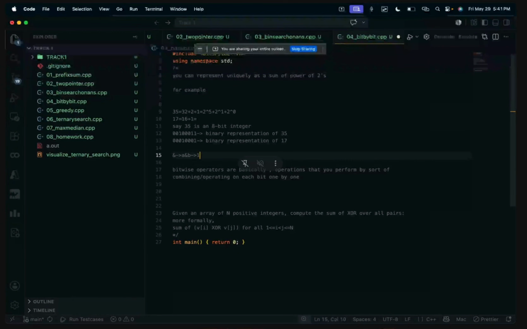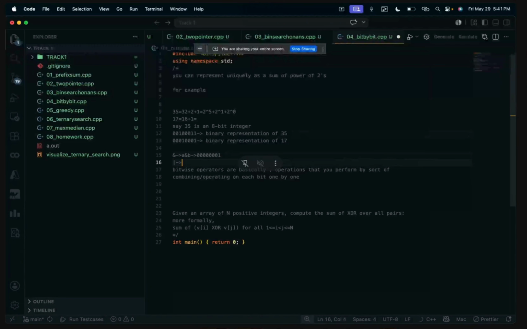Both these values are 1, so we put a 1 here. We have 0 and 1. Both these values are not 1, so we have a 0. Exactly as the name suggests, if both of them are 1, then we put a 1, else we put a 0. We don't see any other place where both are 1, so we have 0, 0, 0.